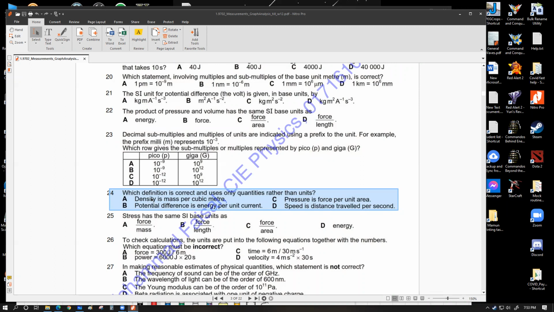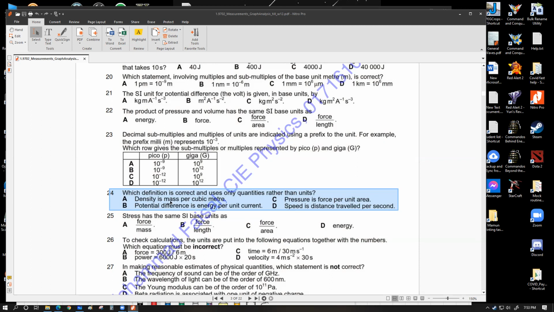So first thing, the A option says density is mass per cubic meter. So they have used a unit over here. This is not essentially wrong, but the actual definition of density is that density is mass per unit volume. Now the useful unit for density in SI unit, we use kg per meter cube, but we can also use gram per centimeter cube as well.